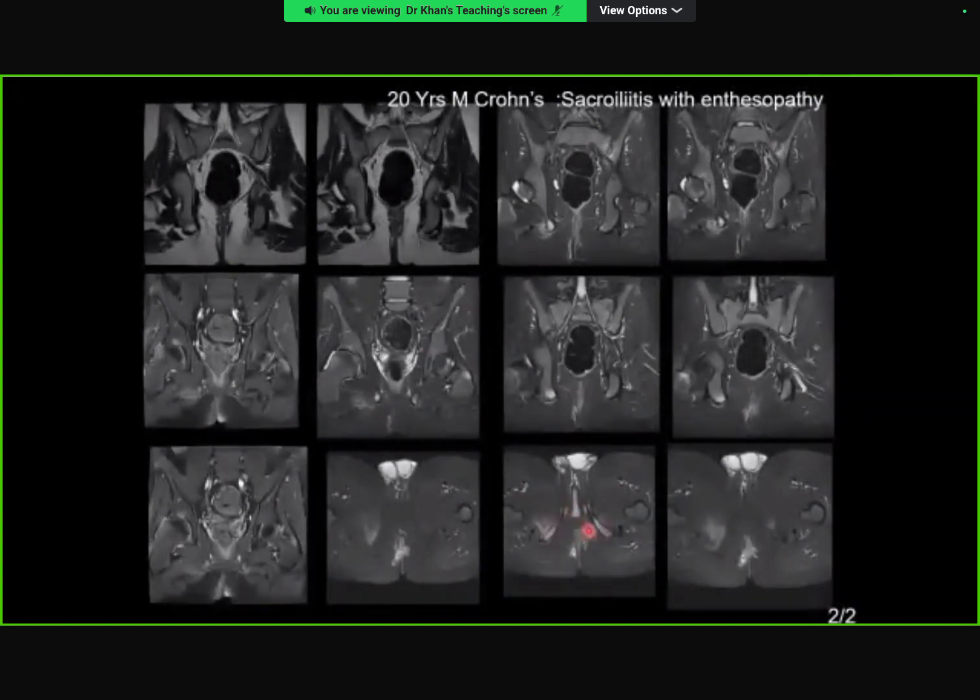So there is bone edema seen in the right ischium on these three images. There's also irregularity of the cortex of the ischium on the right side. And I'm just wondering, with the context of enthesopathy associated with sacroiliitis in this patient, is there any avulsion fracture?